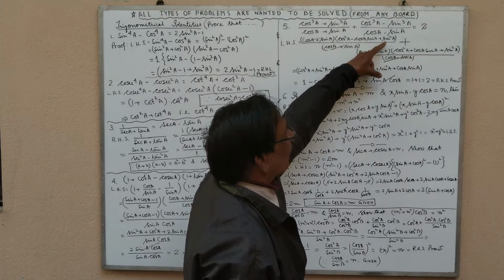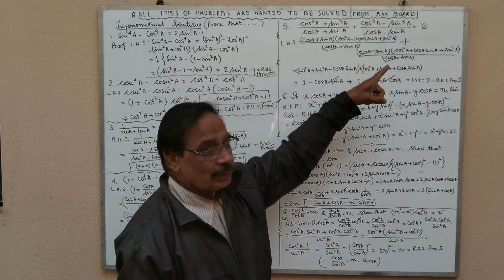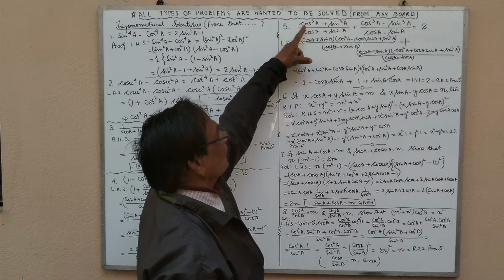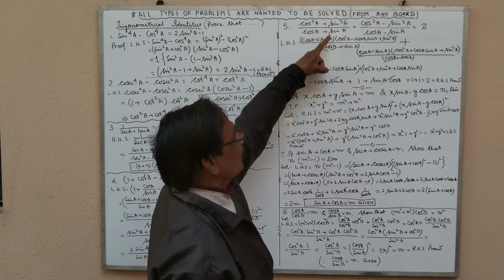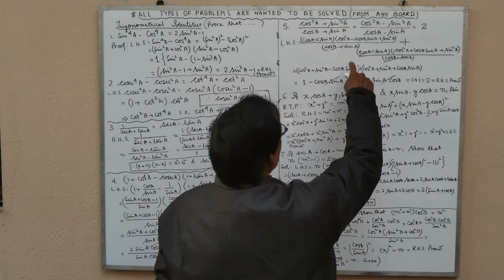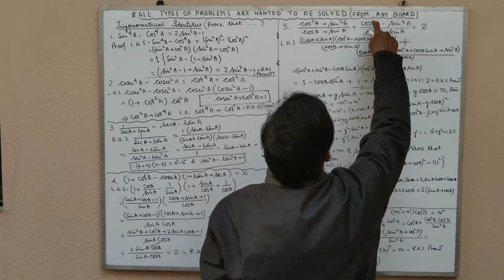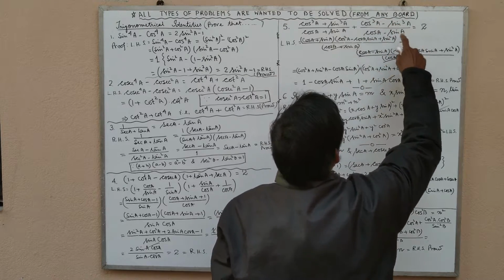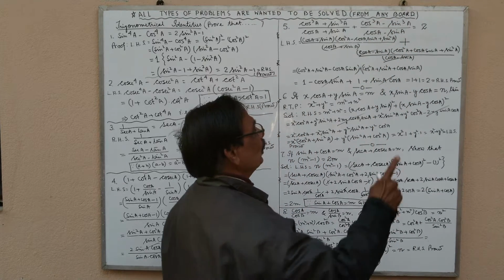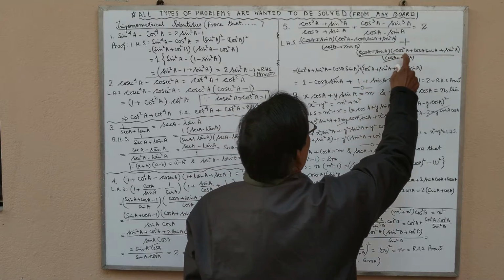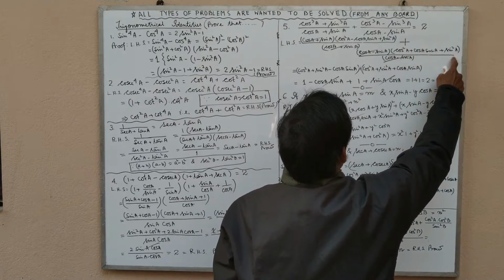Take cos as a and sin as b, and the numerator is this. Similarly, cos³a minus sin³a is a cube minus b cube, equal to (a minus b)(a square plus ab plus b square).